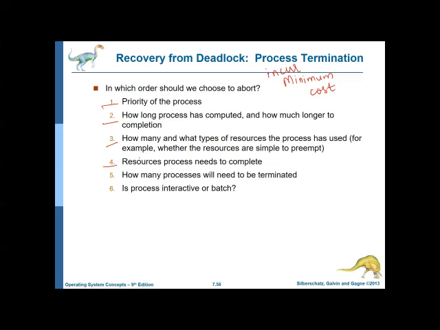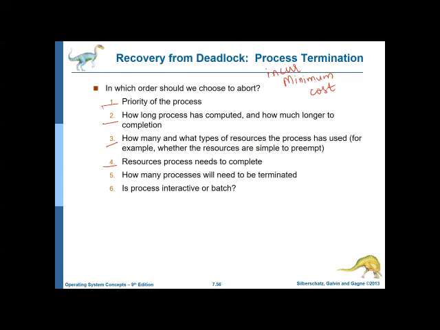Then the next one is how many more resources the process needs in order to complete. We know that the process is already holding some of the resources. Now, how many more resources does it need to complete? Will the system be able to provide them if it is deadlocked? No. So somebody has to terminate.